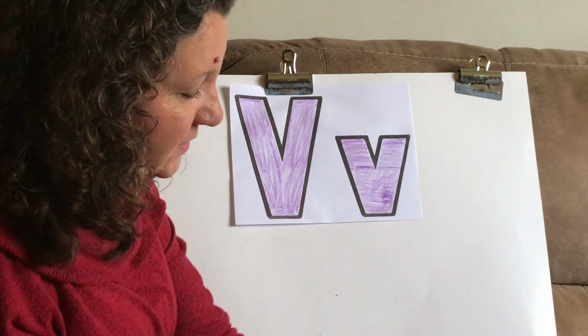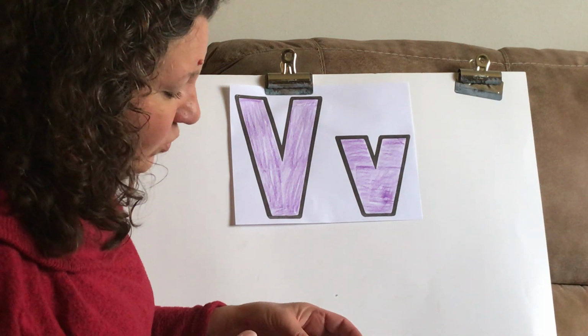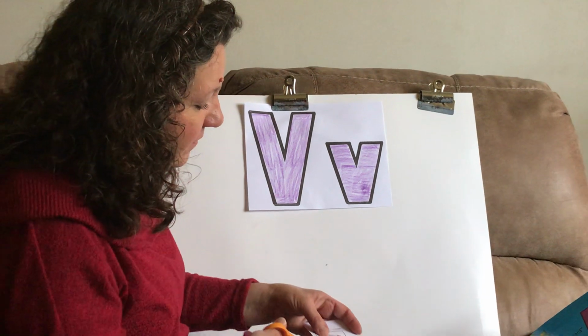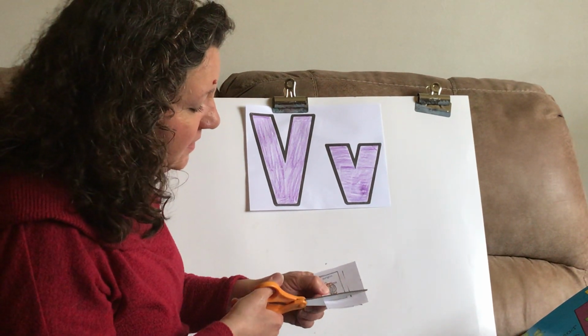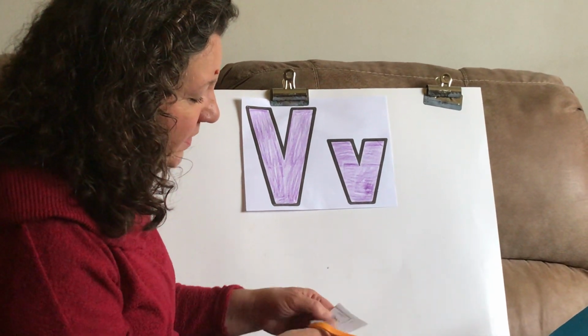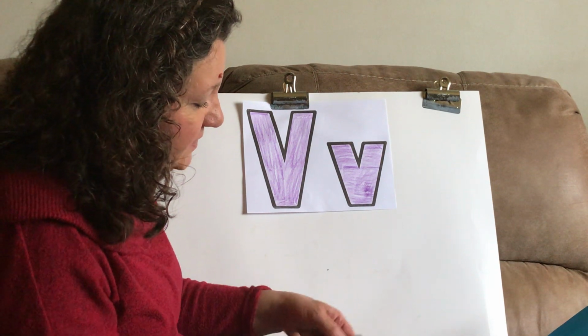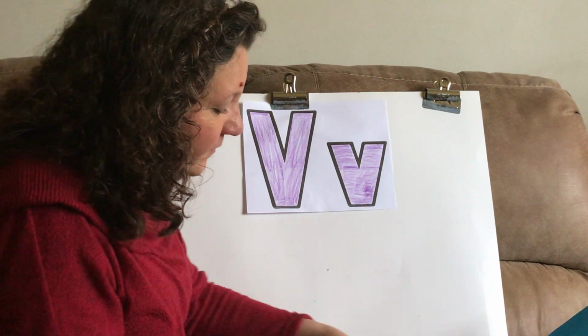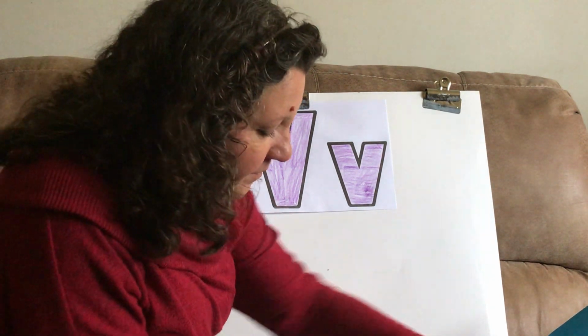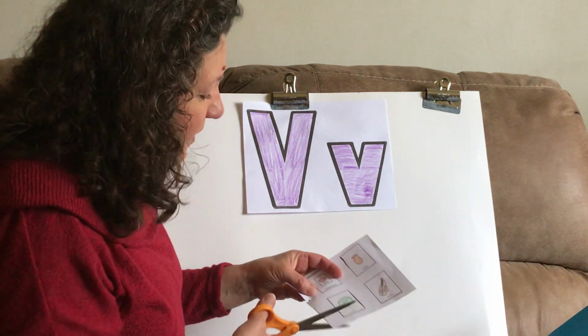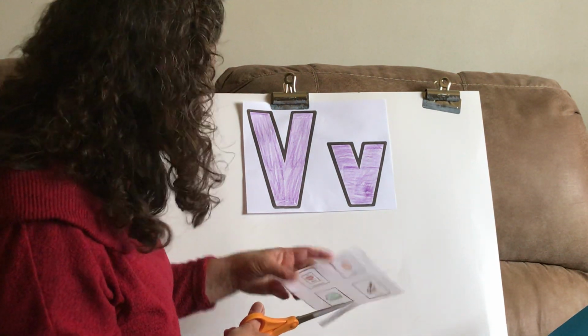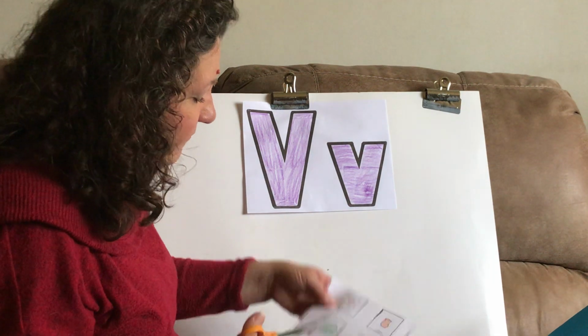Okay, and then we'll just set that on the side for a second. You're going to do all your pictures the same way. Try to stay on the lines because you don't want to chop your pictures apart. And we'll cut out all 6 pictures, and then we're going to glue our pictures around the letter V.